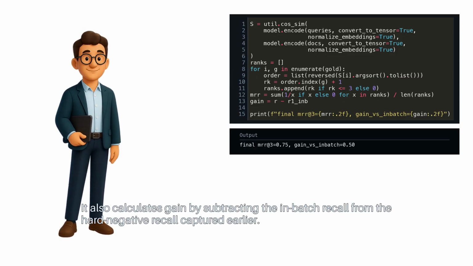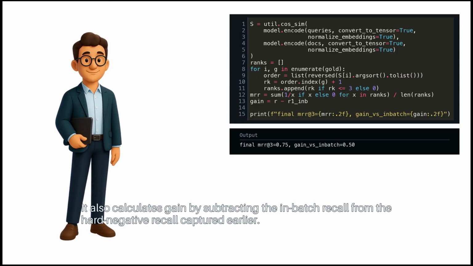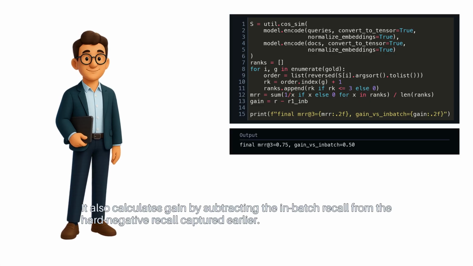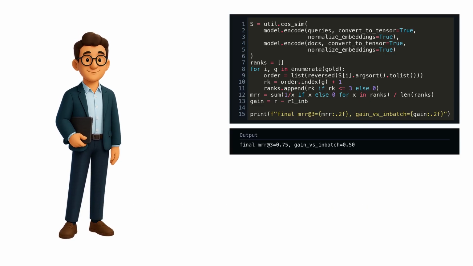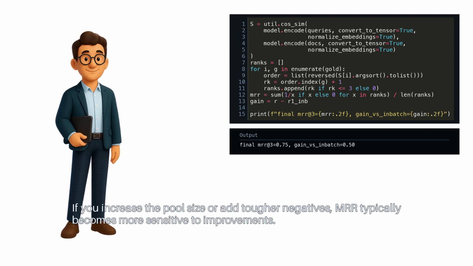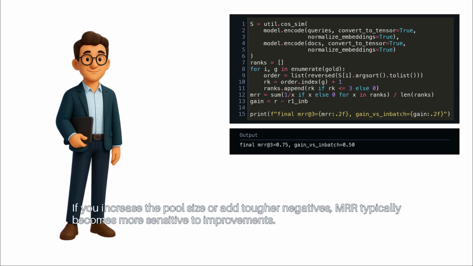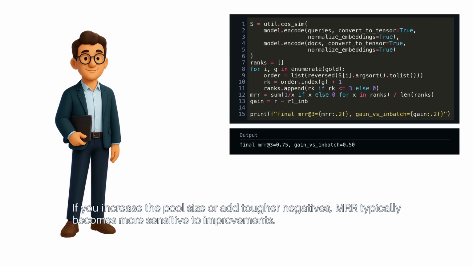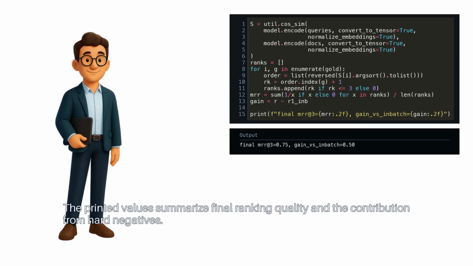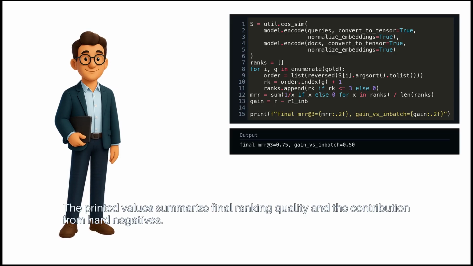It also calculates gain by subtracting the in-batch recall from the hard negative recall captured earlier. If you increase the pool size or add tougher negatives, MRR typically becomes more sensitive to improvements. The printed values summarize final ranking quality and the contribution from hard negatives.